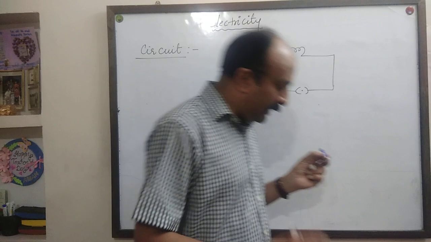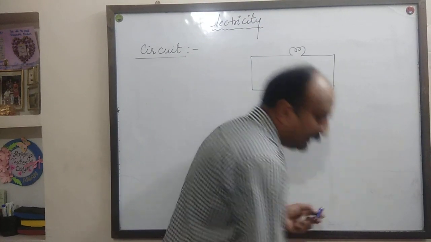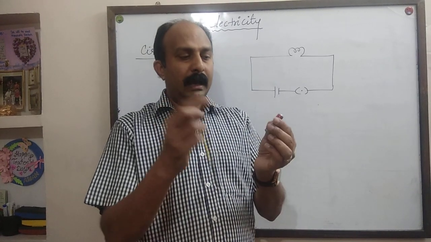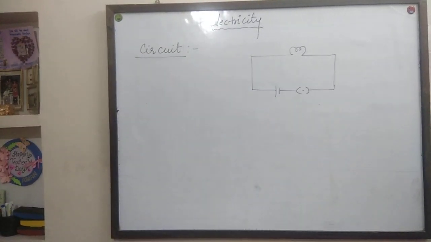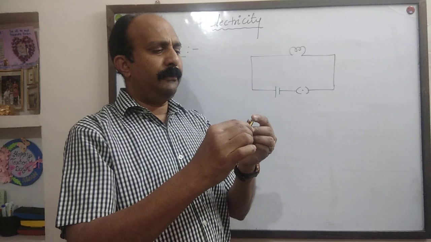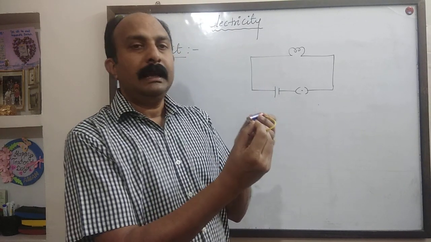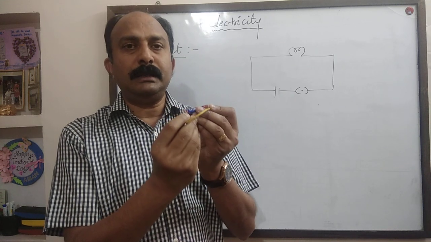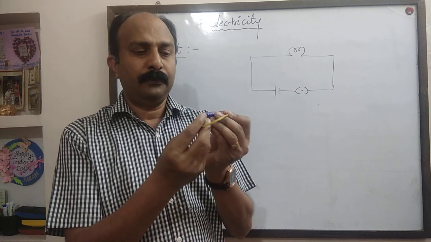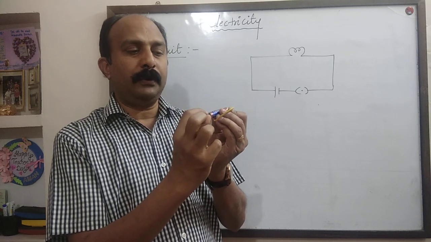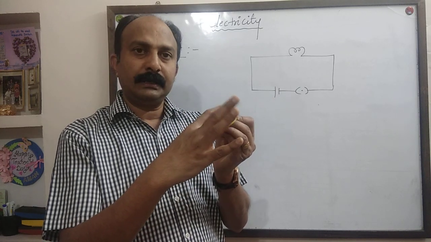So when we are connecting the negative terminal and the positive terminal with the help of a wire, the electric current is now flowing through this wire because electrons are flowing from one end to the other end.